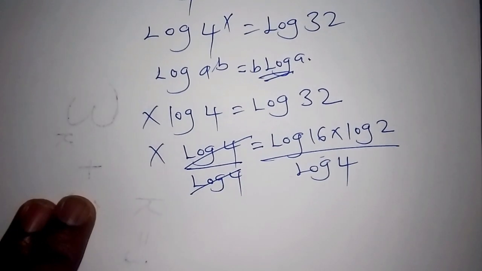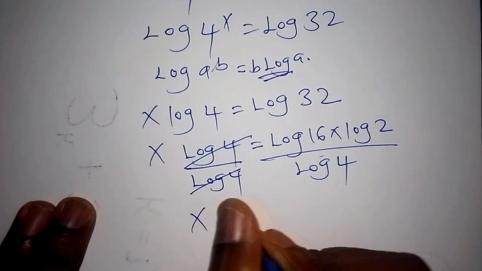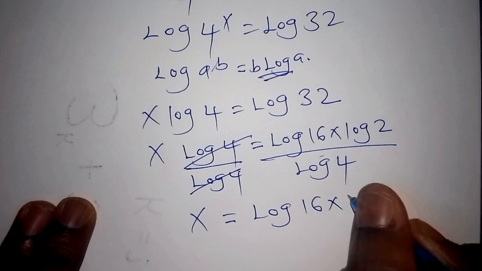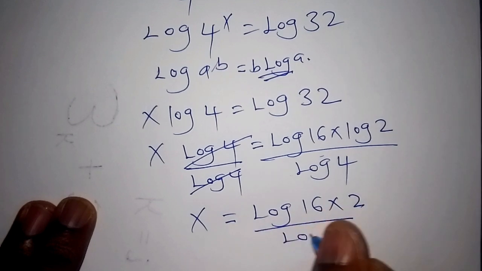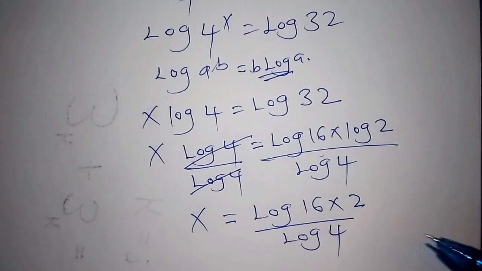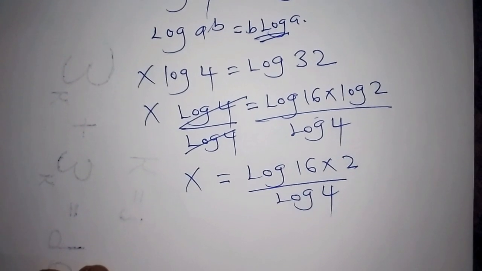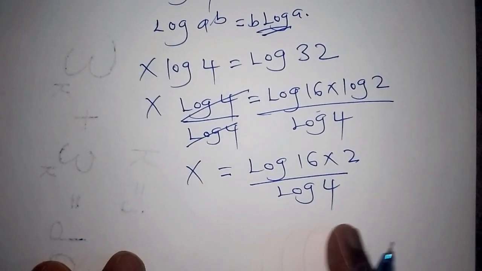Now from there we shall have x is equal to the log of 16 multiplied by 2, all over the log of 4. What are we supposed to do next?